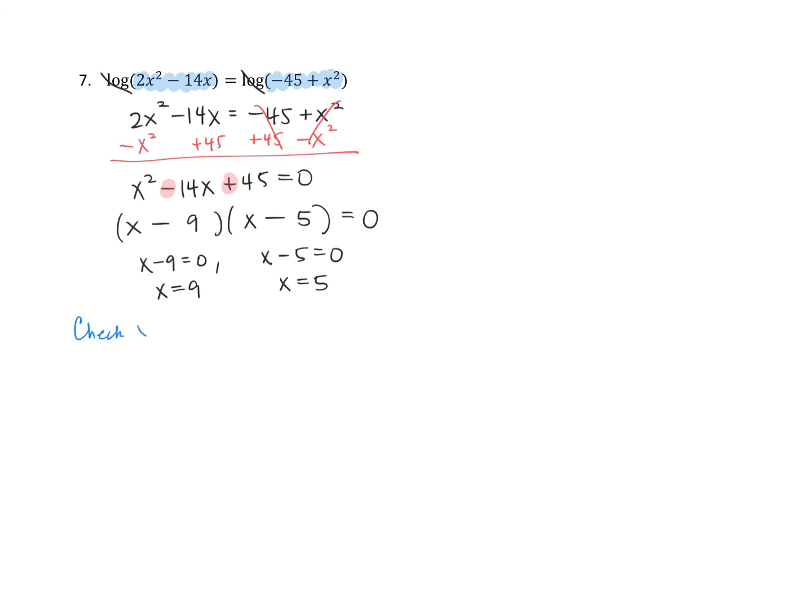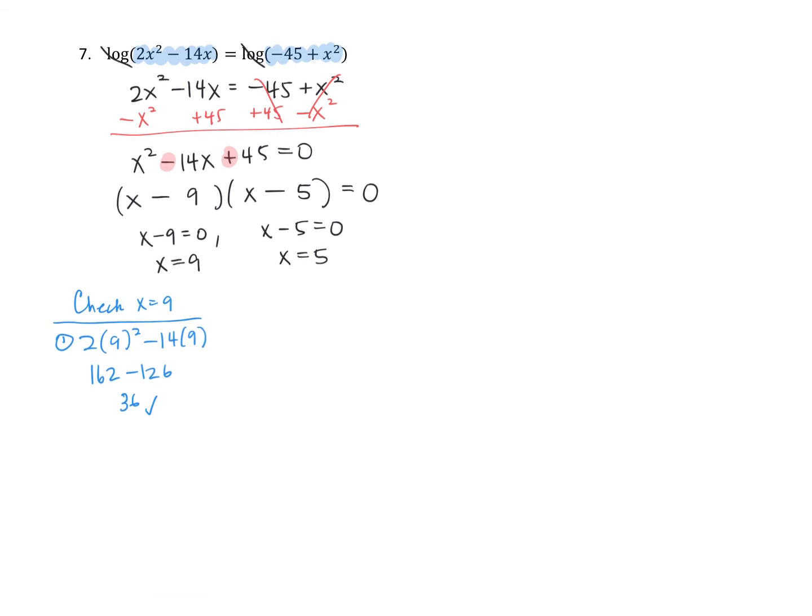So my first argument is 2x squared minus 14x, so 2 times 9 squared minus 14 times 9. So 9 squared is 81, times 2 is 162, 14 times 9 is 126, and that's going to be positive. If you want to know the number, it's 36, so that checks.